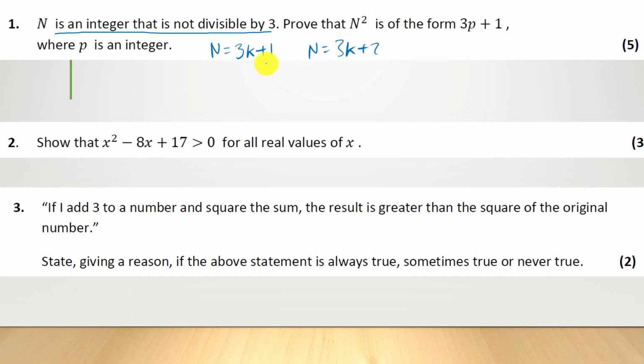You can see clearly that if k was any number, this is not divisible by 3. So prove that n squared, so n squared is going to equal, I'm going to use this 3k plus 1 because it's easier, n squared will equal 3k plus 1 squared, which do remember to write out like this.